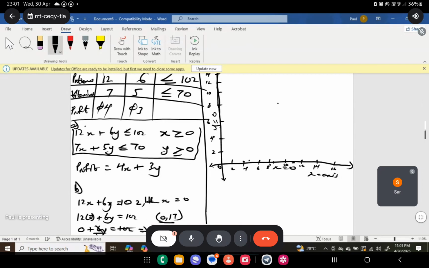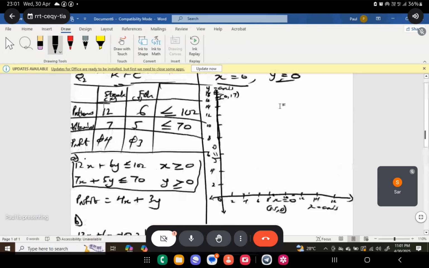And y being 0, it means that y is still on this line. So that's it, so we name it 8.5, 0. That's it there. Then we rule a straight line because I told you that it's a line. So we have to rule a line.